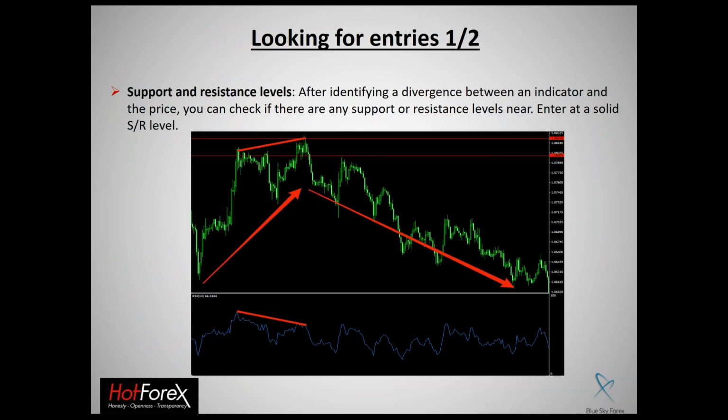Now, looking for entries when you do identify a divergence in the price and the indicator, I fetched an example that you can use with support and resistance levels. Support and resistance levels are a topic for another webinar if you want to get into more detail about these. One of the support resistance levels is the round numbers, which I have drawn here as well. This is 1.08000.